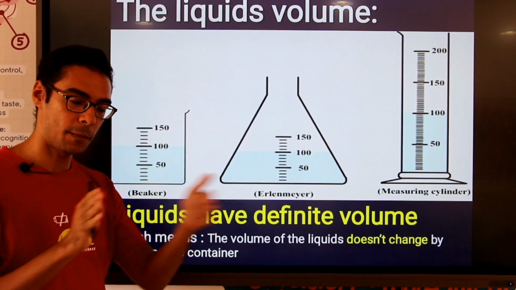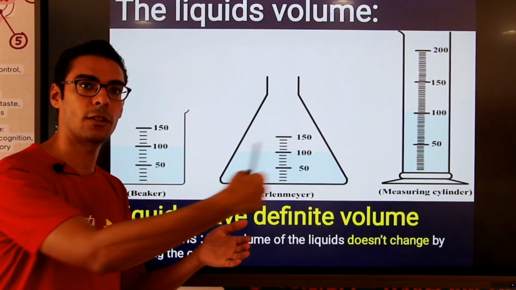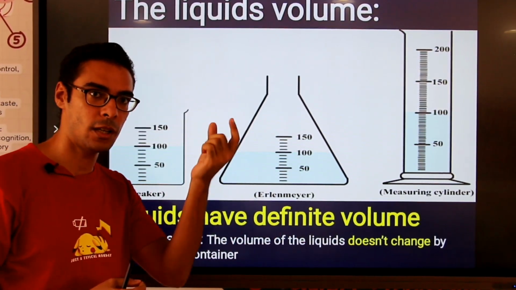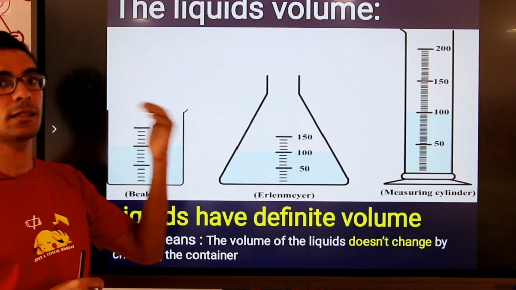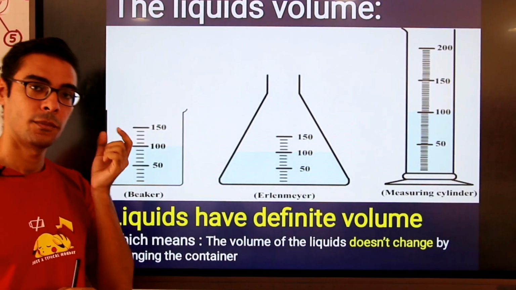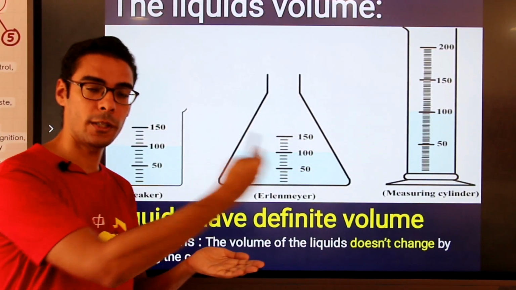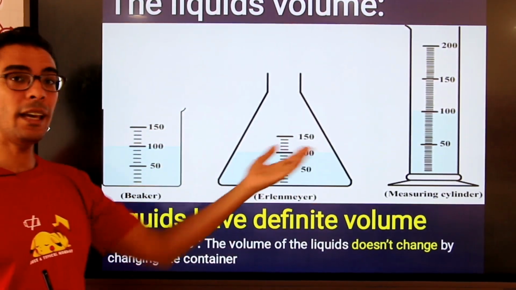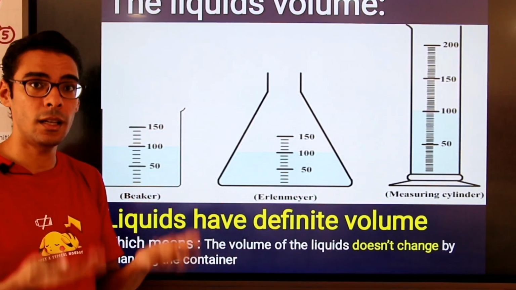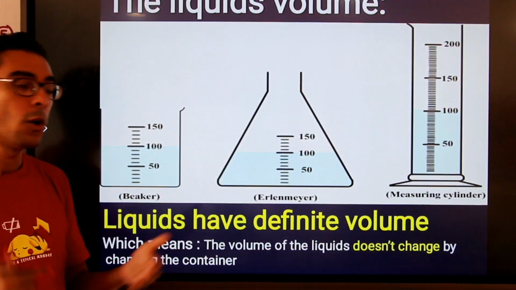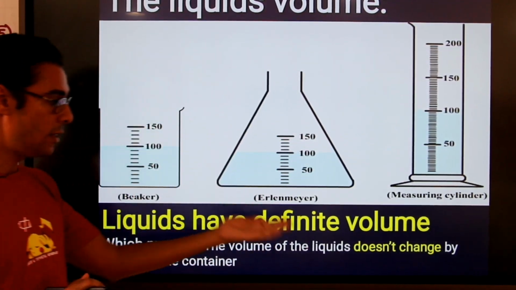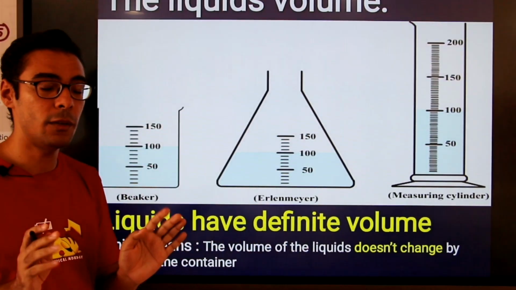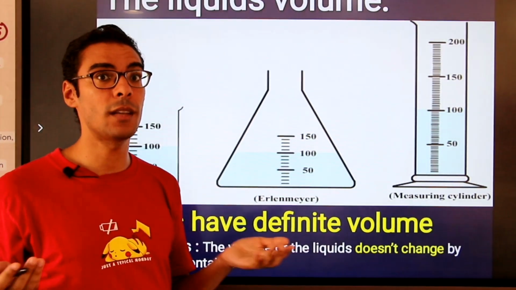They have spaces between them, and the particles are moving freely with an extra amount of kinetic energy than the solid. So they have more kinetic energy, more spaces, they are moving to take different shapes. But in the volume here, the particles are not increasing or decreasing or even compressed. They have definite volume. The volume of the liquid cannot be changed by changing the container.